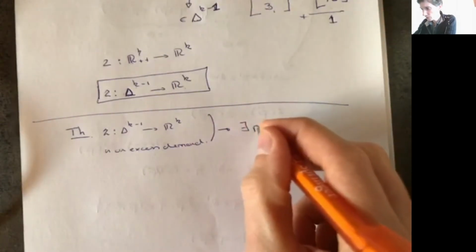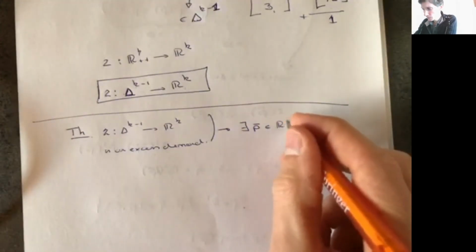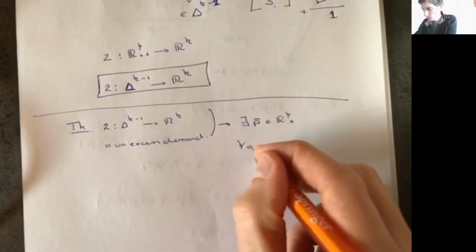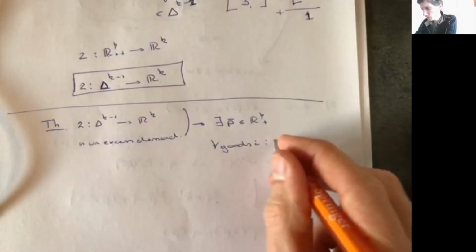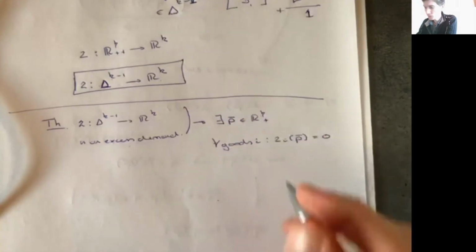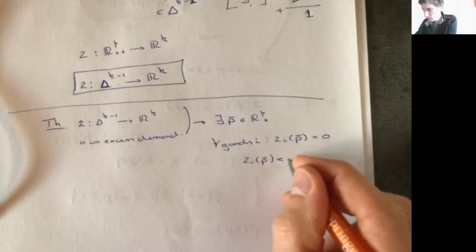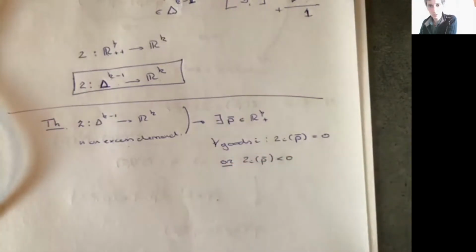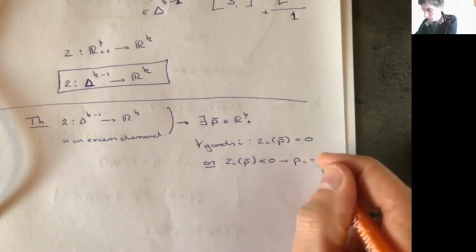So there exists a p in R^k_+ such that for all goods i, either the excess demand Z_i(p) is equal to 0, or if Z_i(p) is smaller than 0, then p_i is equal to 0.